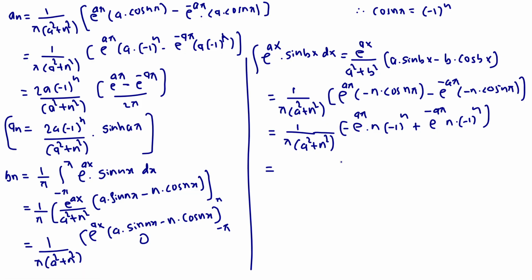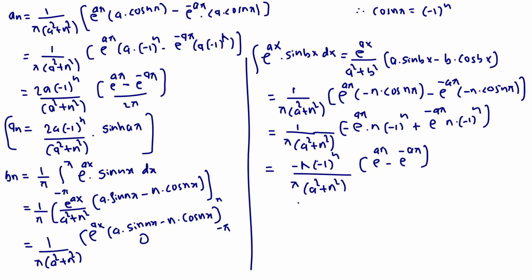So now what I'm doing, I'm just doing adjustment, like I'm taking minus common and n into minus 1 raised to n I'm taking outside, and pi a square plus n square, so in bracket you will get this minus e raised to a pi will become plus e raised to a pi, and minus e raised to minus a pi.